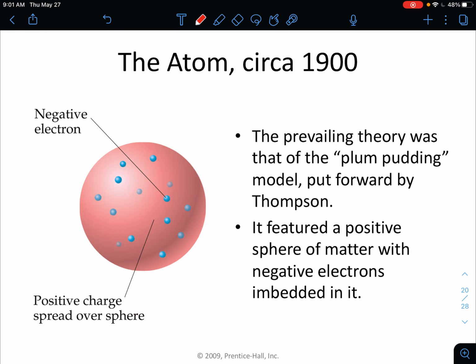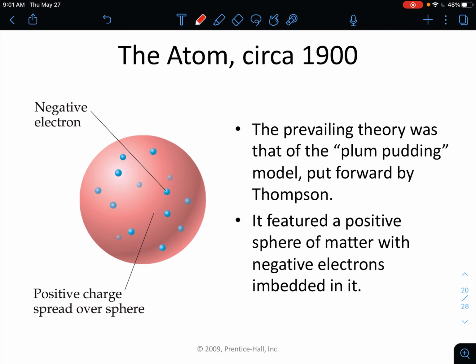Thomson's plum pudding model. And the most important thing to think about in the plum pudding model is it's essentially vacant space with electrons kind of randomly scattered through that space. So if I were to shoot alpha particles through the atom, and this was indeed what the atom looked like, all of the alpha particles would go straight through based on what this model looks like.